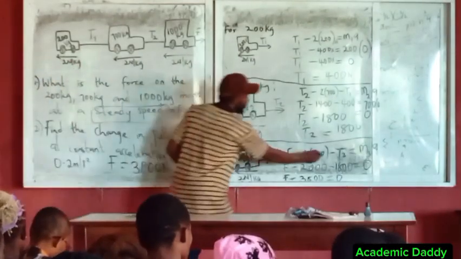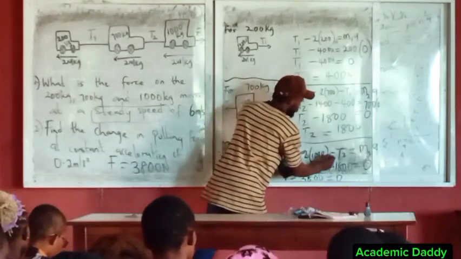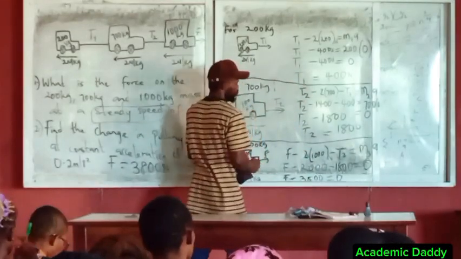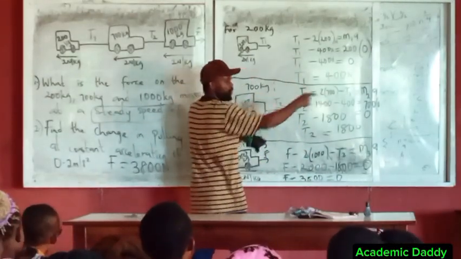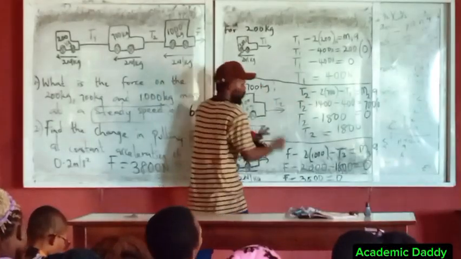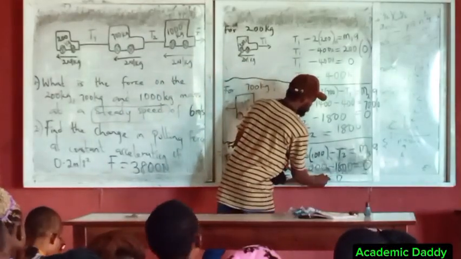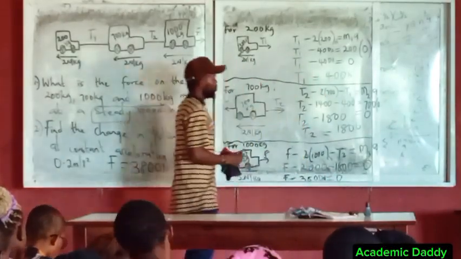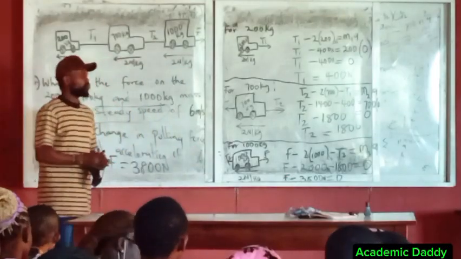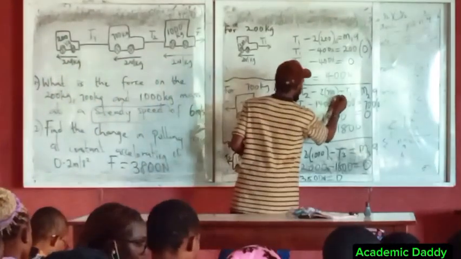Remember that the 2 Newton is multiplied by each kg, giving the resistance in Newton. No, it's not going to be Newton squared. See, open your eyes now.